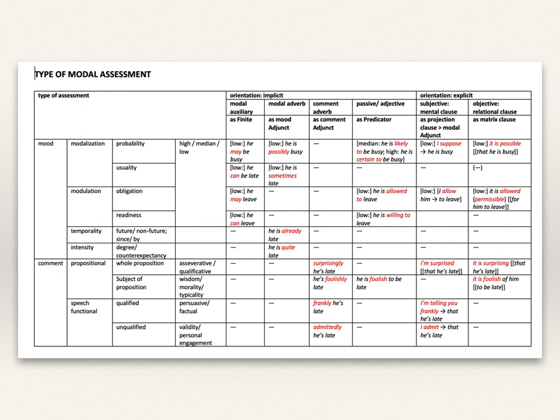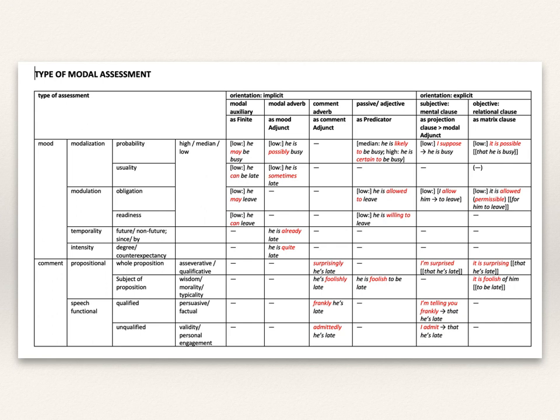Then in the columns under orientation implicit and orientation explicit, you have the different ways in which these assessments may be realized. As finite, that's in the case only of modals, modal operators and modal auxiliaries. As mood adjunct, modal adverbs, either adverbs of modality or of temporality and intensity. And then command adverbs as command adjuncts that lie outside the mood element and also the residue.